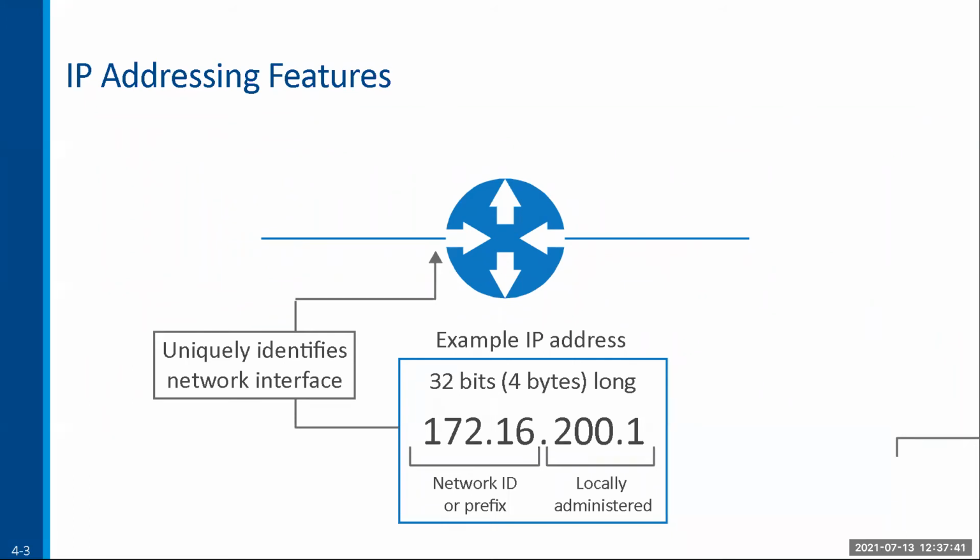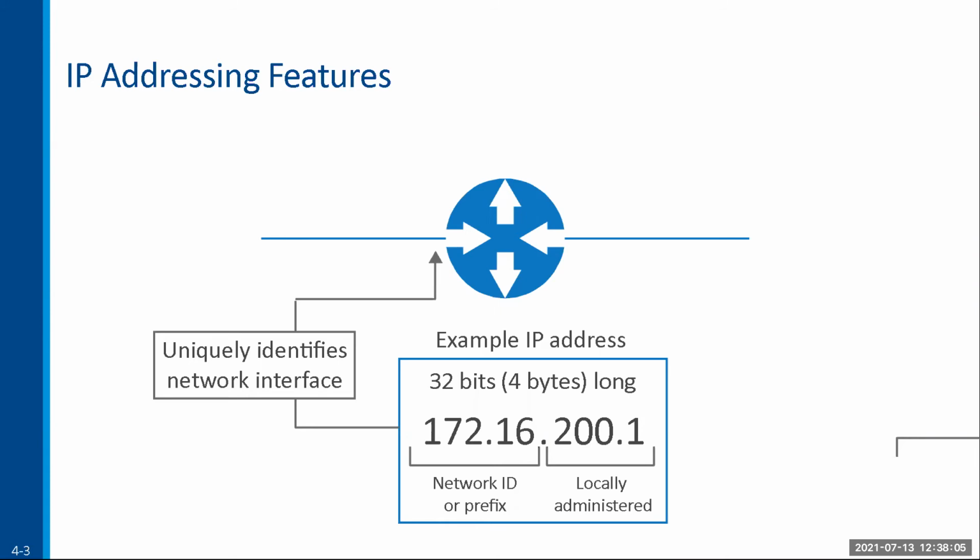And that's used by the routers to forward you to the correct network. So if this were broken up as it is, 172.16 would define the network, and the host within that network is 200.1.